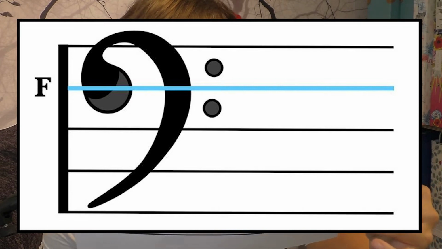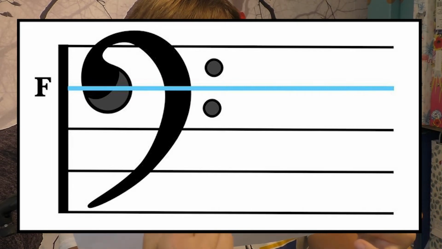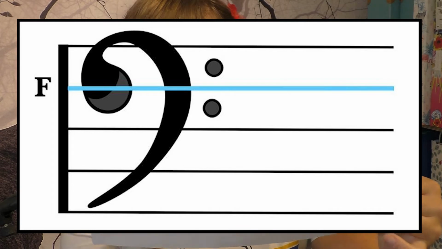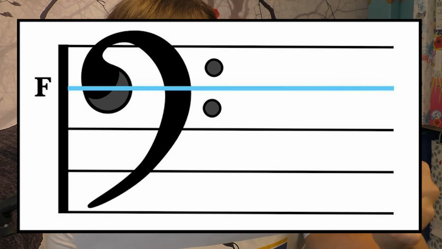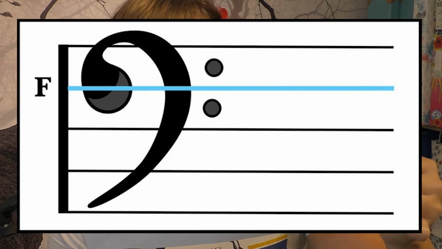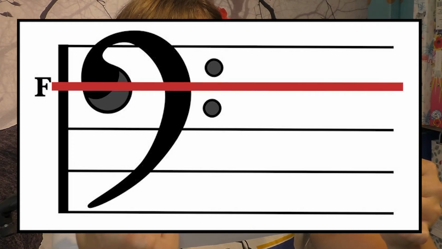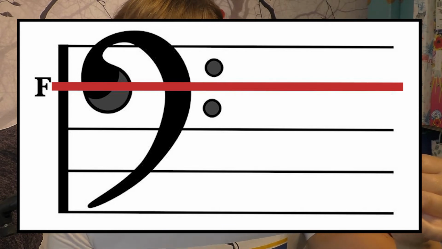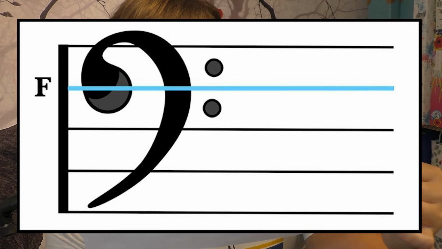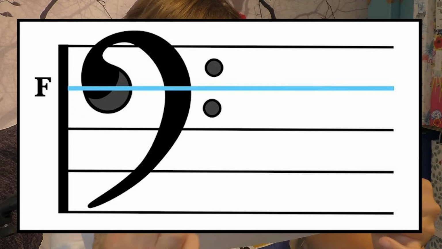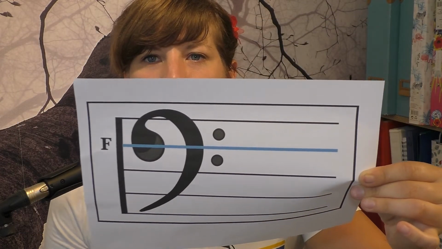A note can either be on the line or above it. We will have a look at that later. F is here in the middle of the little black point of the bass key or the F key.